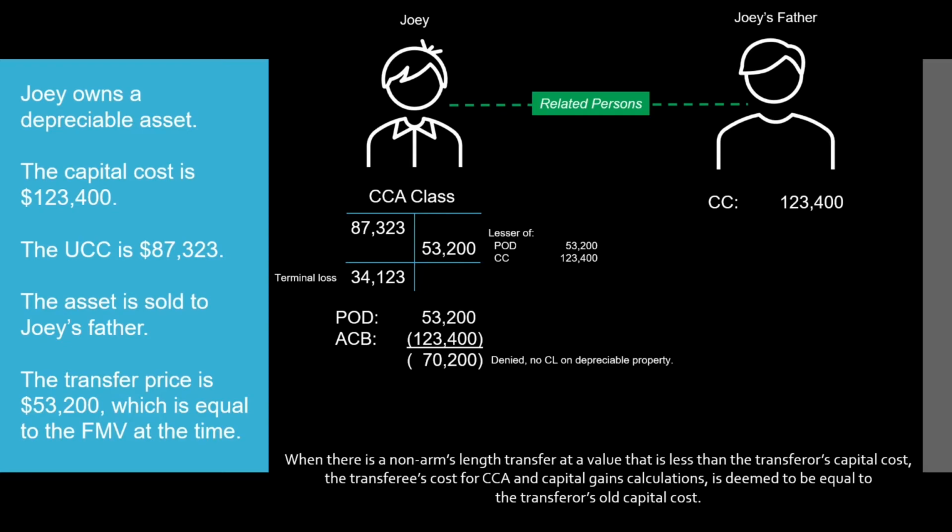The UCC for Joey's father will be $53,200, or the fair market value for this transaction, and the adjusted cost base for Joey's father will be $123,400. In this example, the transfer price is going to be greater than the transferor's capital cost.